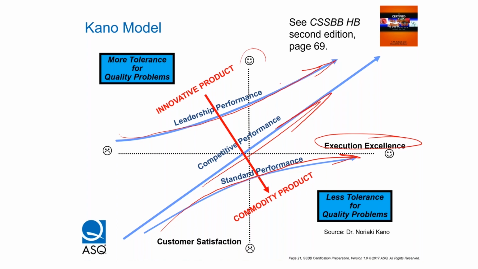You didn't expect it, and if it's not there, you are not angry and not dissatisfied. But if it's there, you are satisfied. According to Kano, these delighters over time become must-be's.